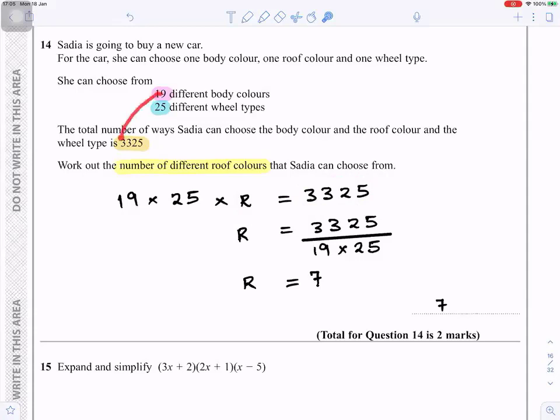Now, to get what R is, 19 times 25, if you take it to the left side, the opposite of times is divide. So 3,325 divided by 19 times 25 gives you 7. So R is 7.